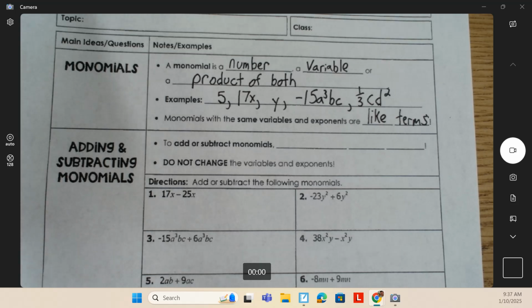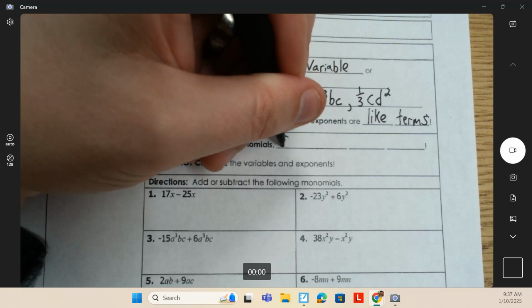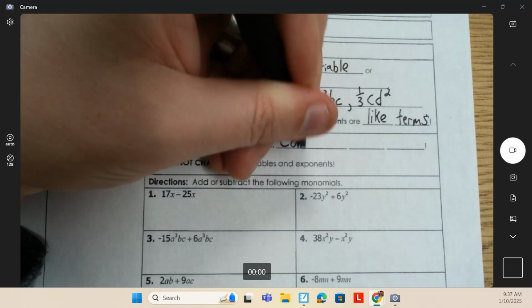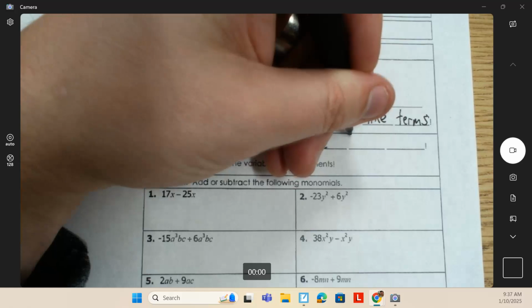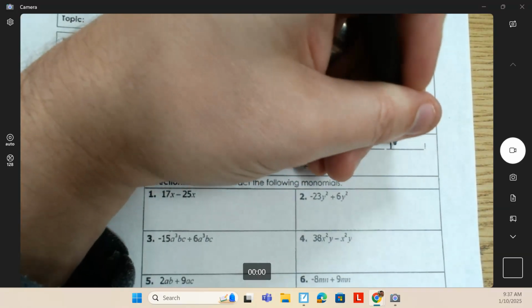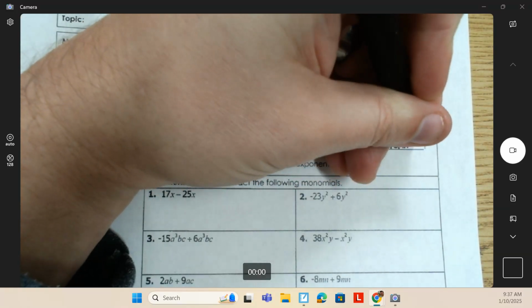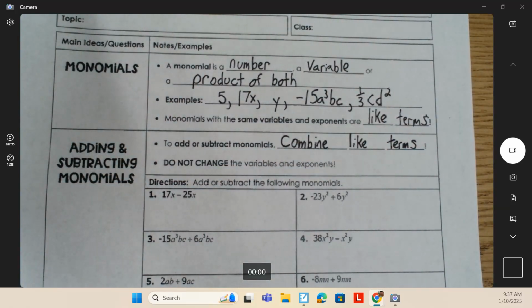So since those are like terms, to add or subtract them, we will just combine like terms. And last but not least, make sure that you don't change the variables or the exponents on this.